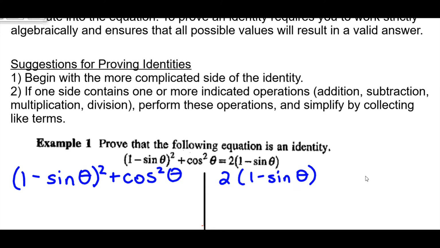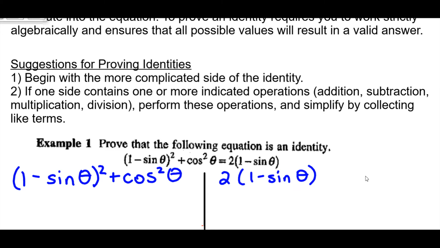The first suggestion is to begin with the more complicated side of the identity. Typically, we like to start with the easy side, and that's actually counterintuitive here. If you start with the more complicated side, it's easier to simplify it than to start with the simple side and try to make it more complicated, because there are so many more things that we could do to make it more complicated.